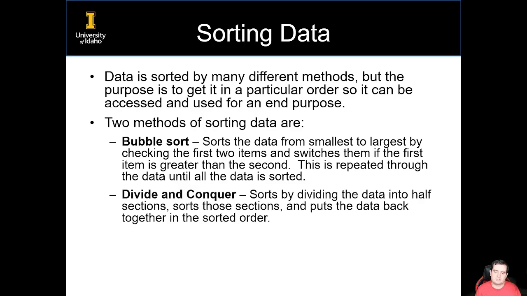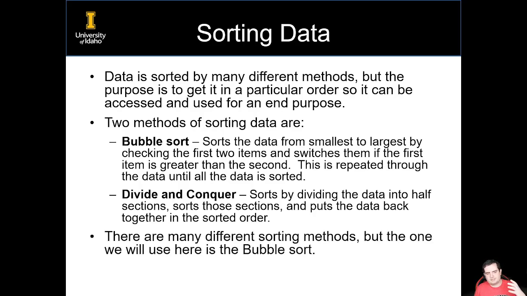Then there's divide and conquer. Divide and conquer is a little harder to conceptualize, but what it does is it divides the data into half, sorts those, and then brings them back together. It seems weird, but it splits things up and is able to do it more piecemeal. There's a reason for this.